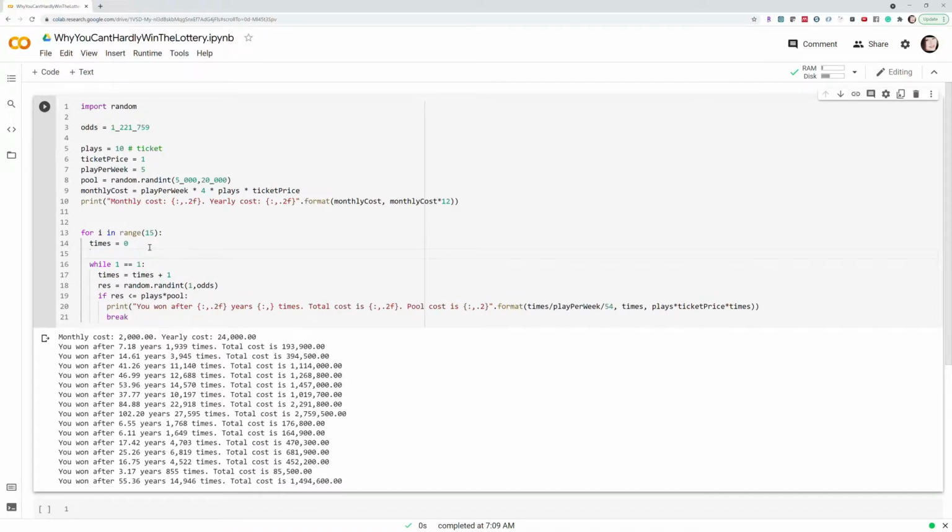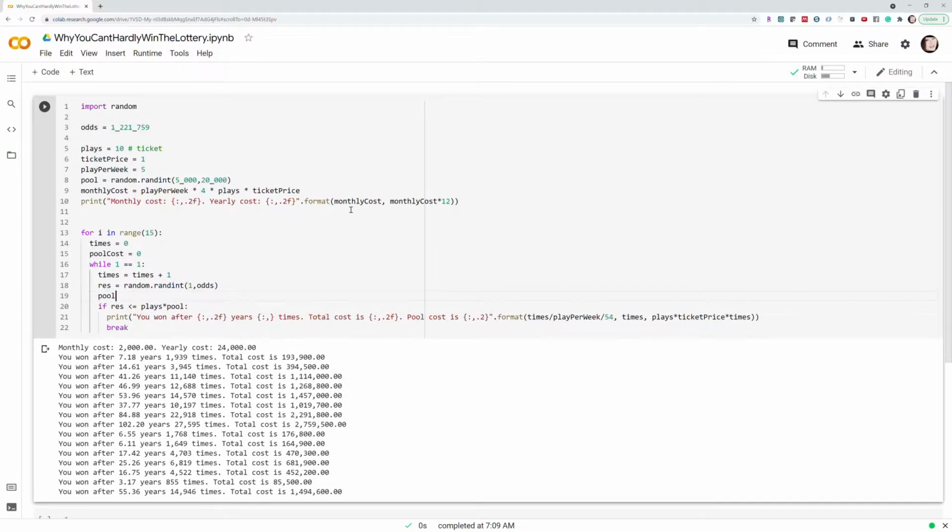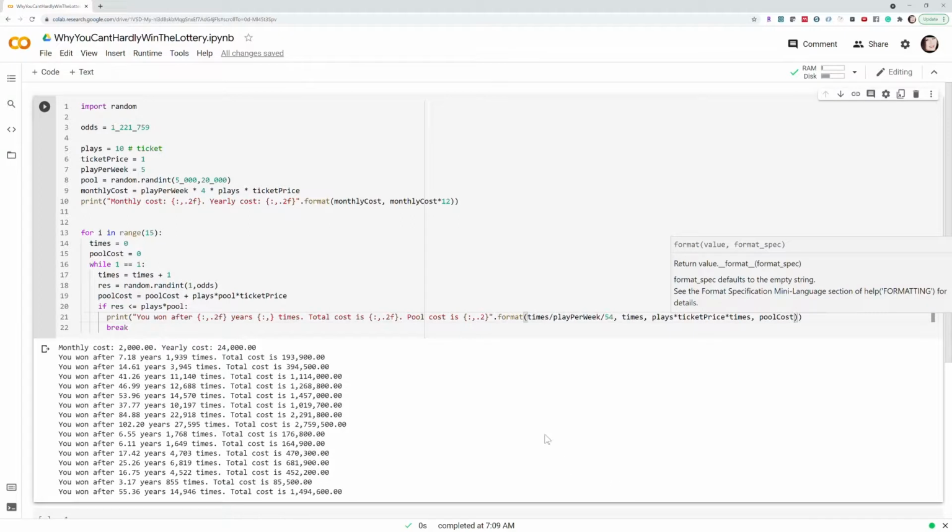So I will say pool cost equals 0, and pool cost equals pool cost plus the money playing this time, which is plays, multiplied by pool, multiplied by ticket price. Okay, then the last piece of information here will be pool cost. All right, so let's get ready.